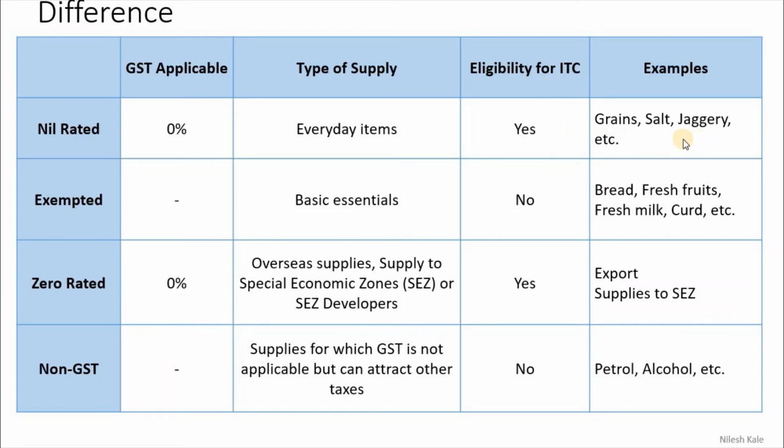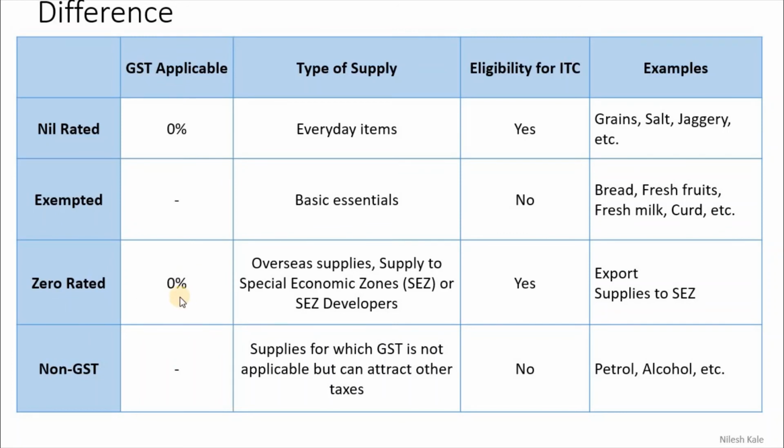Examples are grain, salt, jaggery, rice, wheat. You can write. Exempted supplies. Exempted supply do not attract the GST. Type of supply, basic essentials. Eligibility for ITC, no. And the examples are bread, fresh fruits, fresh milk, curd, etc.